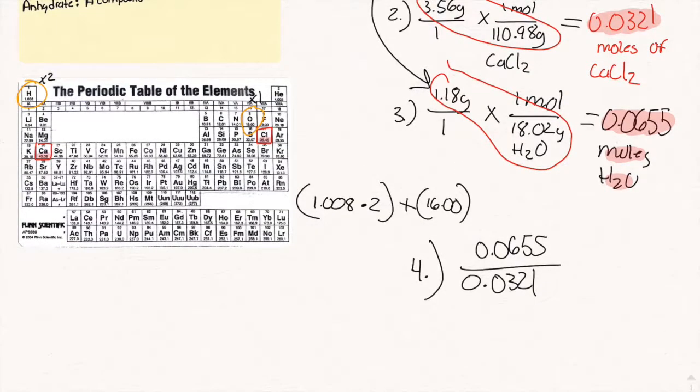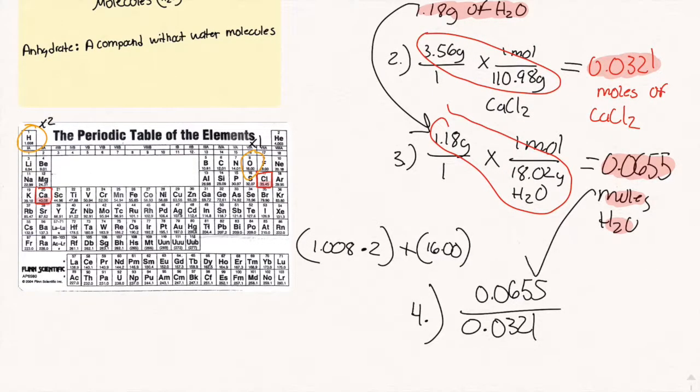Now why do we set this up like this? Because we're finding the moles of water to the moles of calcium chloride ratio. We're finding the ratio of these two numbers. So we're going to put this on top and this number on bottom. Remember, it's the moles of water to moles of calcium chloride. If you switch those up, you're going to get a completely different answer.